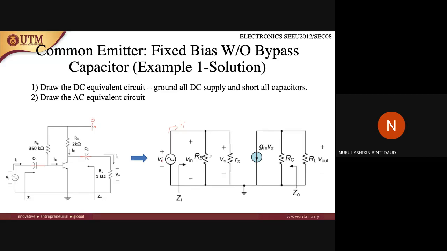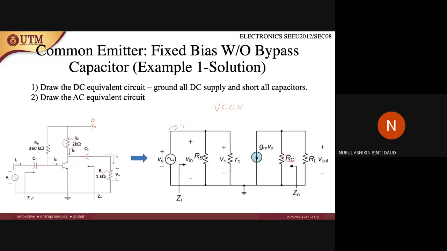In this case we are using V pi and R pi, and then this is the VCCS gm V pi, and then there is RC and RL here.